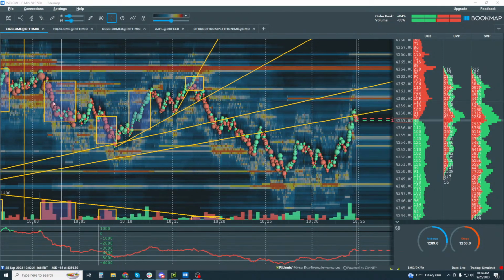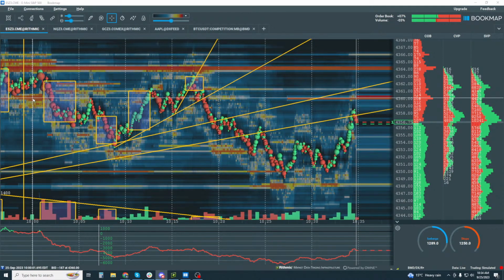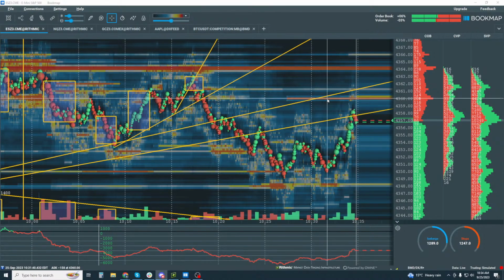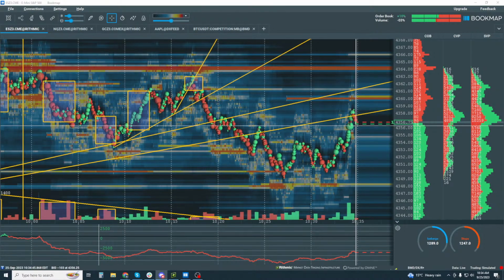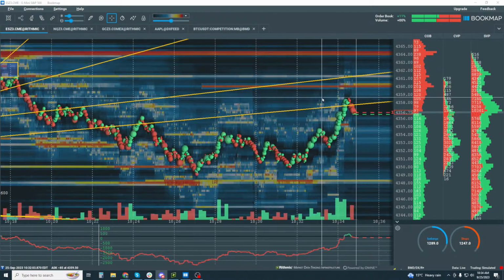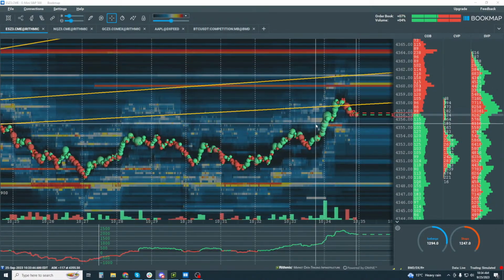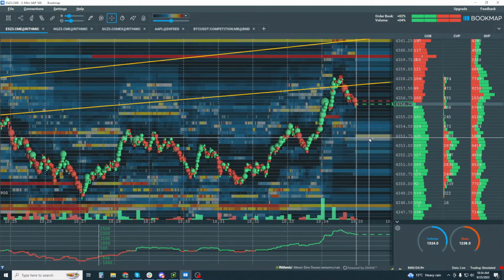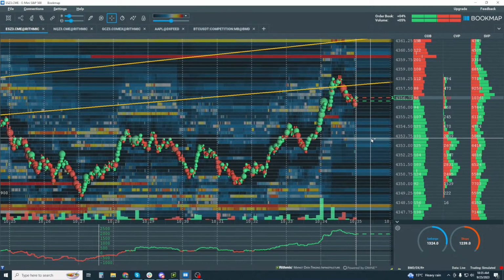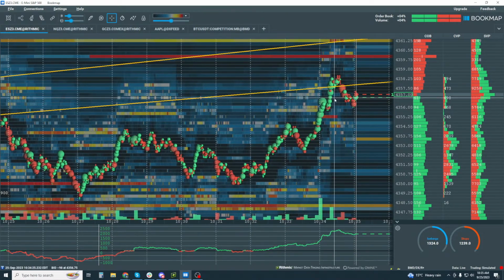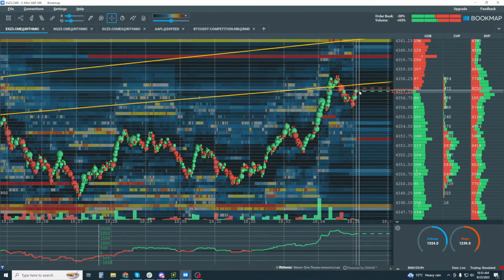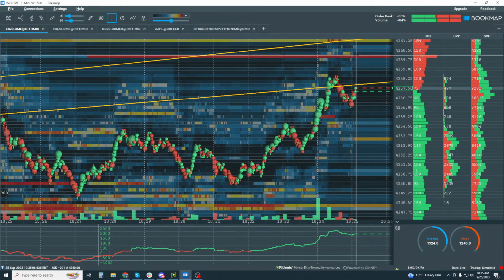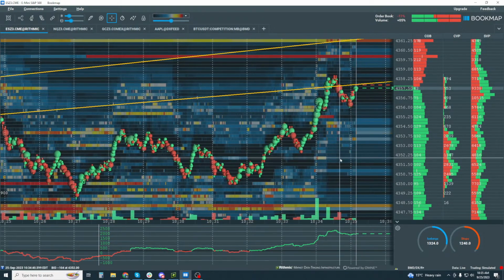It was at 60 several times on the bid, and now on the offer at 60. Looking for these buyers now to retest the high and then try to get to 60 here.